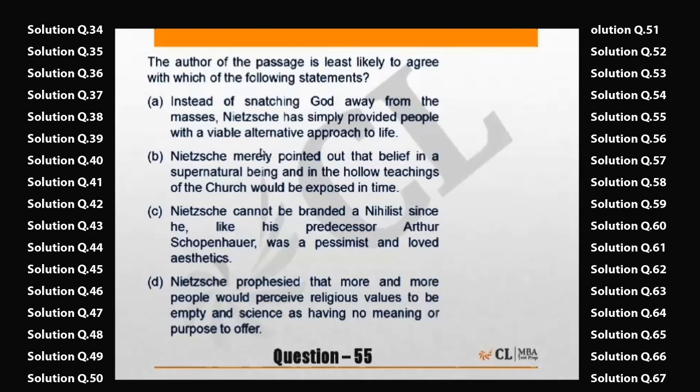Hence, option B is supported by the passage. Similarly, options A and D also follow from the text given in the passage. The only option, hence, which is the correct answer and does not follow from the passage, or as the question says, would the author of the passage would least likely agree with, is option C.